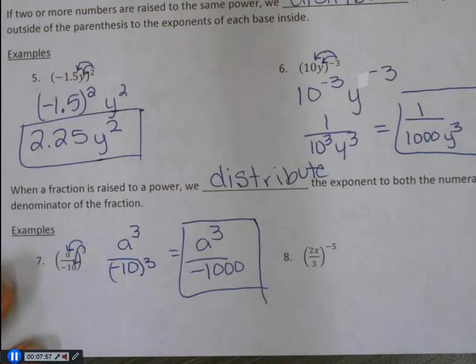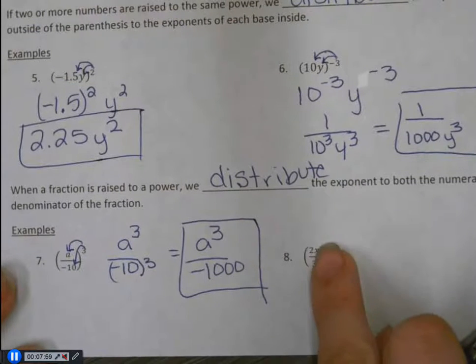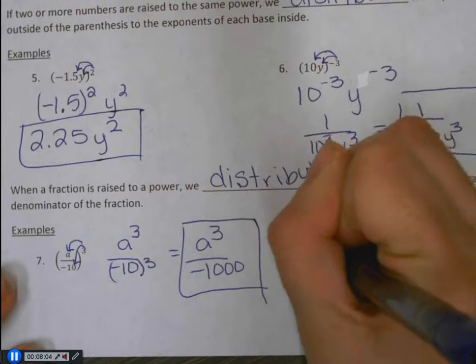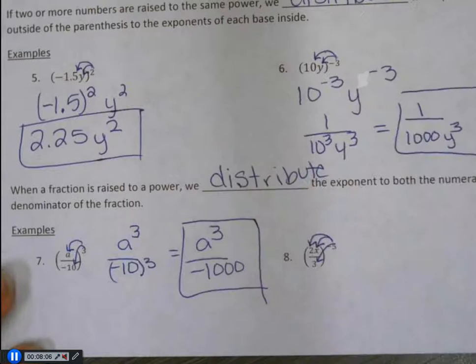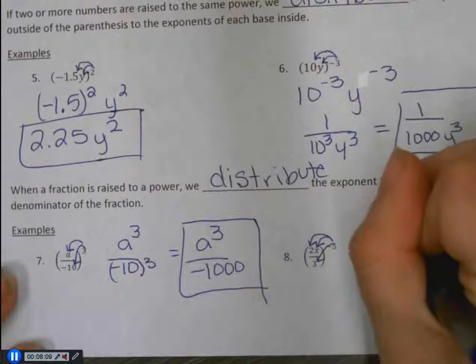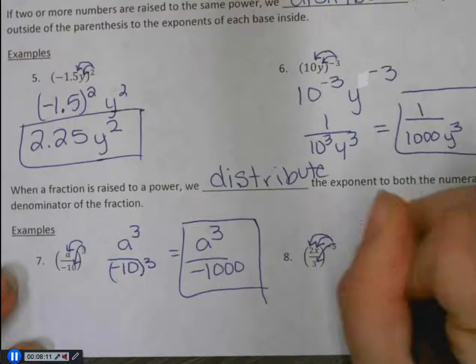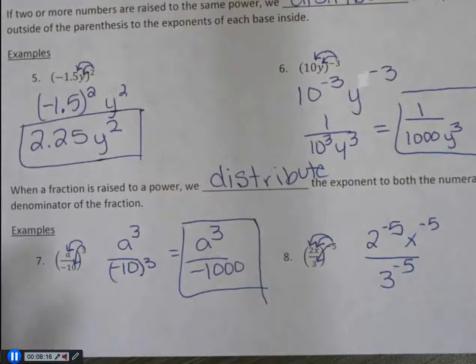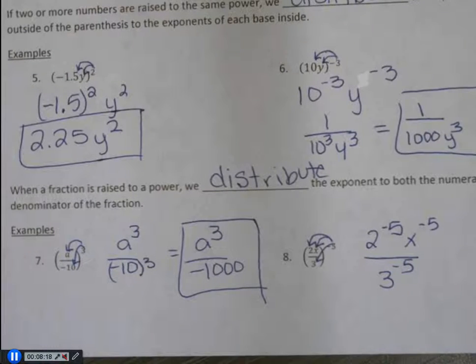Number 8 is a little bit tricky because there's actually 3 separate things I need to give my exponent to. I gotta give my exponent to the 2, to the x, to the 3. So then I'm gonna have 2 to the negative 5, x to the negative 5, and 3 to the negative 5. So they all have negative exponents, so what do I need to do with all of them?